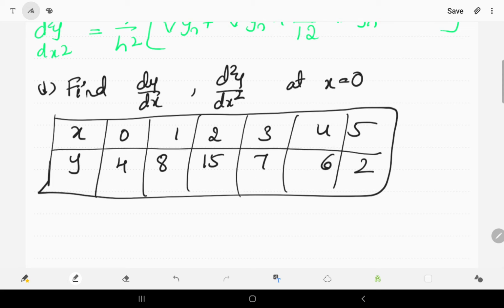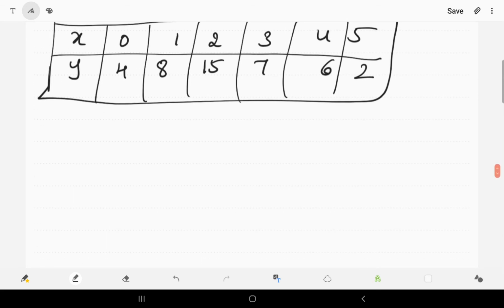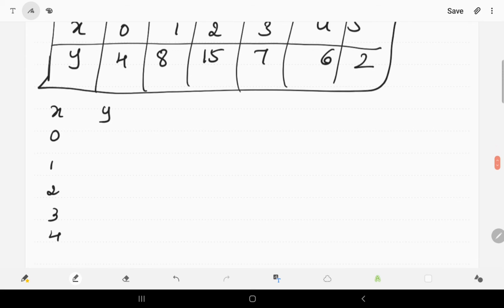For this, we have to first construct the difference table.